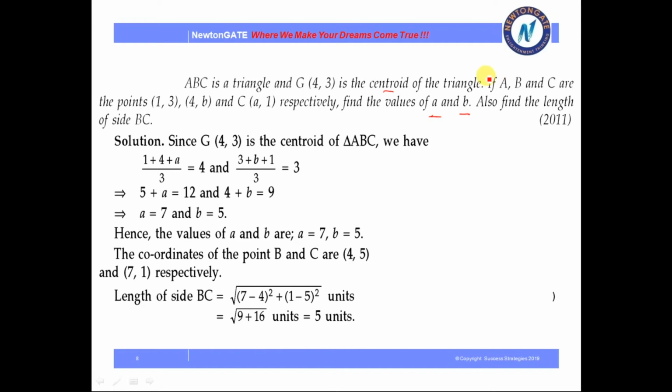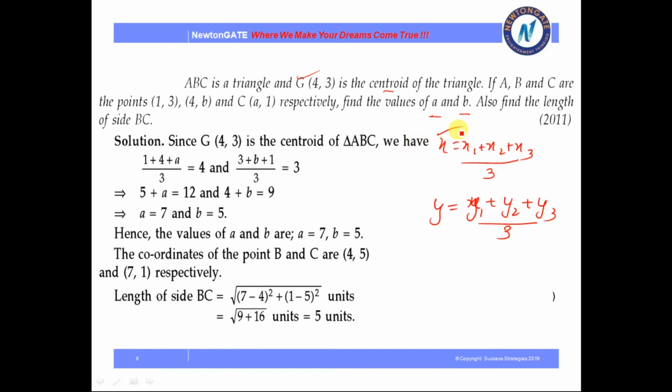So they have given us the coordinates of the centroid. So what was the formula? x is equal to (x1 plus x2 plus x3) by 3 and y is equal to (y1 plus y2 plus y3) by 3.